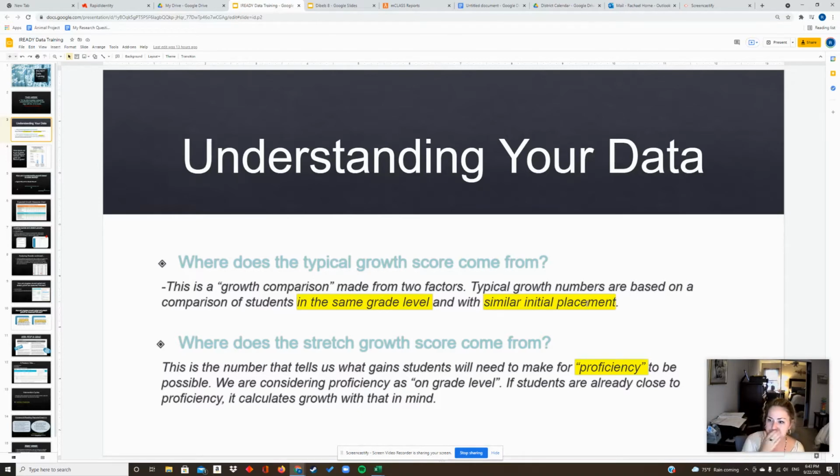So, for instance, if there's a kid that is in fourth grade but has placed two levels below, what is typical for that kind of kid to be able to grow? And so keeping both of those things in mind, that's where these growth scores come from, like these averaged numbers.